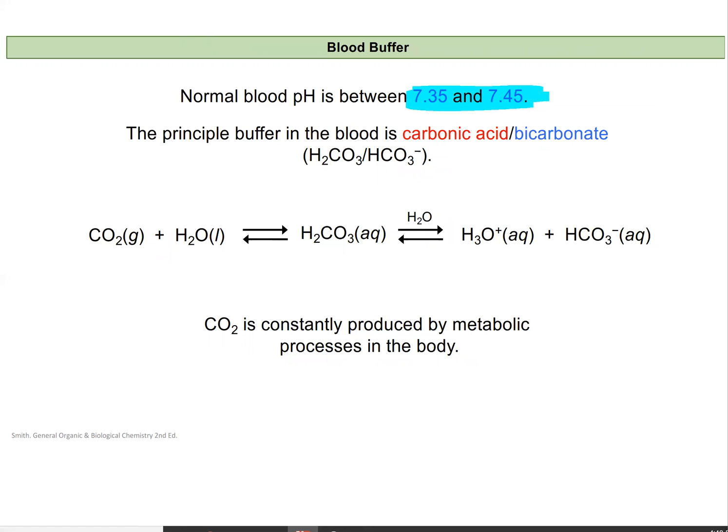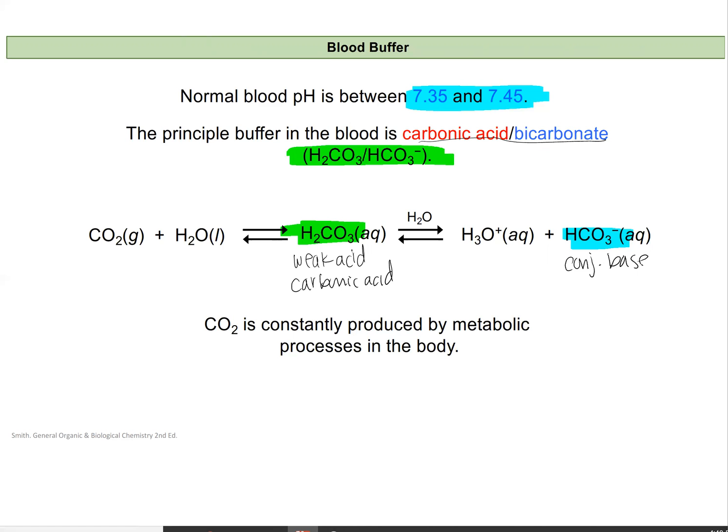And that primary system is made out of carbonic acid and bicarbonate, its weak base. So here is our carbonic acid, and here is our bicarbonate. This is our weak acid, which is our carbonic acid, and its conjugate base, which is bicarbonate.